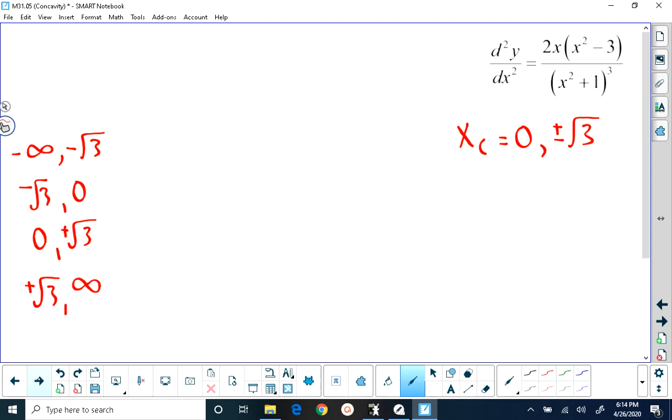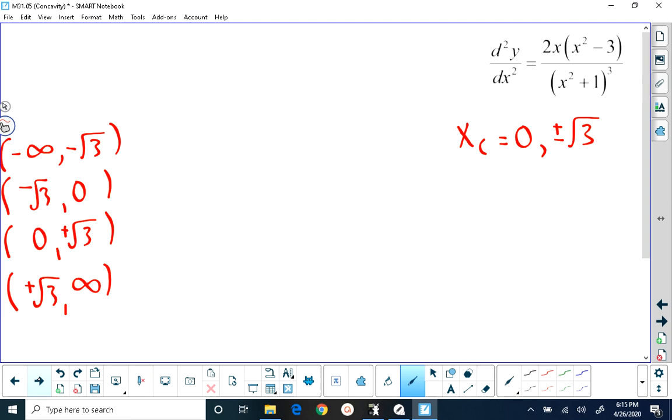And just a double check, and it's more for my sake than yours, but it's a good idea for you to check as well when you're doing your own work. If you have a domain from negative infinity to infinity, the number of intervals you will have in your chart is one more than the number of critical numbers. So if I have 3 critical numbers, I should have 4 intervals, and I do.